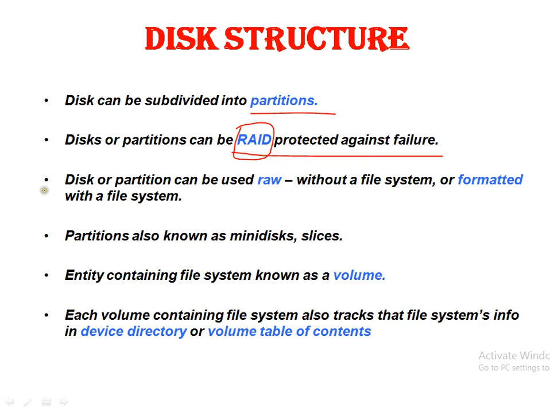Next, a disk or partition can be used raw without a file system, or formatted with a file system. Partitions are also known as mini disks or slices. The entity containing a file system is known as a volume. What is this? We'll see in the next slide.